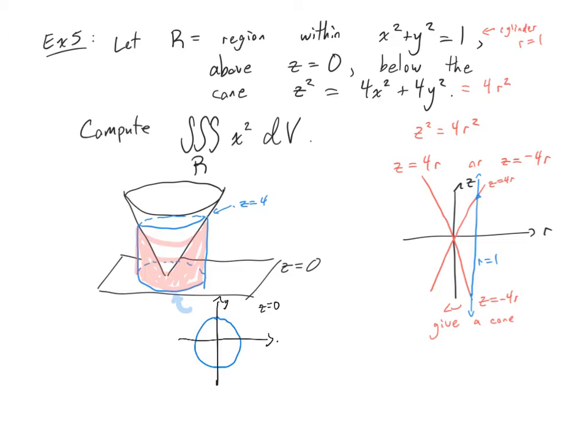Here's my y-axis, here's my x-axis, and this is our base for our region of integration. And so I'd like to go between all these different pictures. Over that base looks like this horizontal line in the zr plane, because it's the base of the region. And I only want to go up.